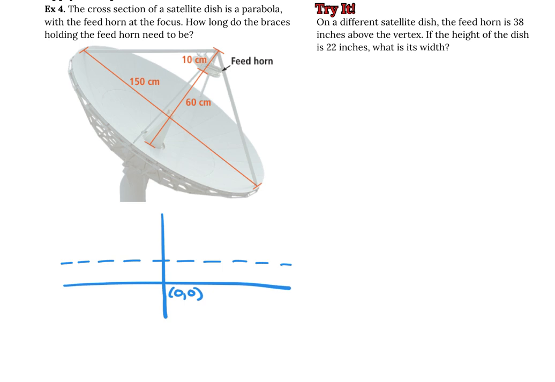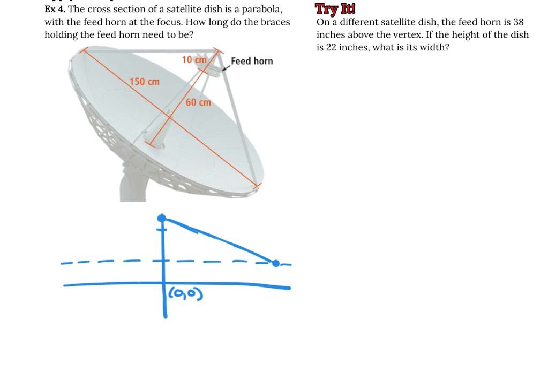We've got our feed horn at the very top, and then it's creating the triangle. They told us the entire height of the satellite dish is 60 up to the feed horn. So this coordinate would be 0, 60.